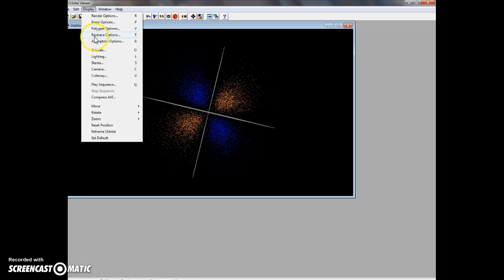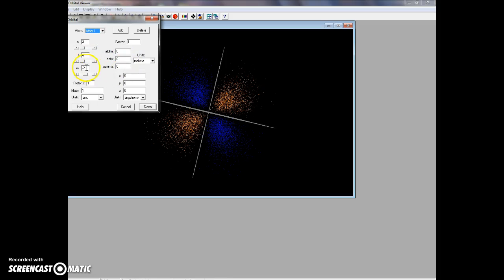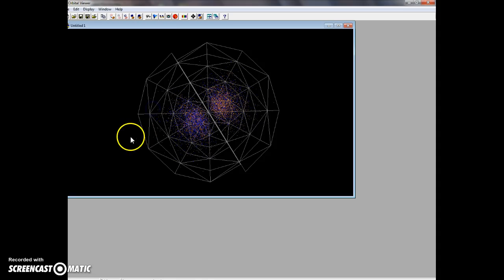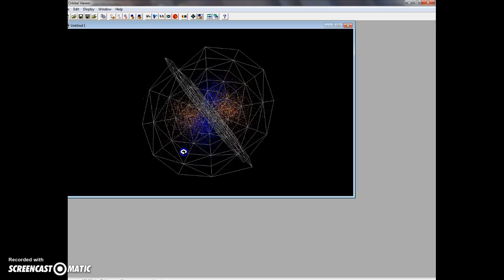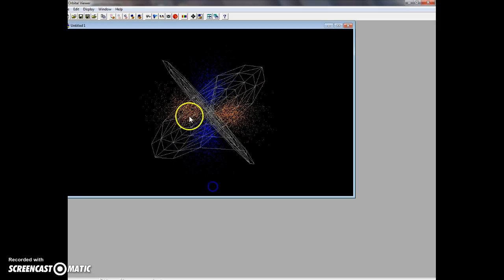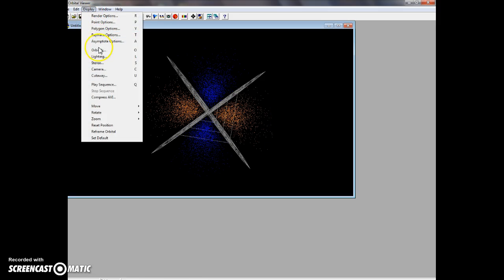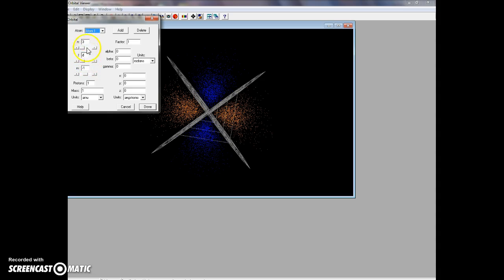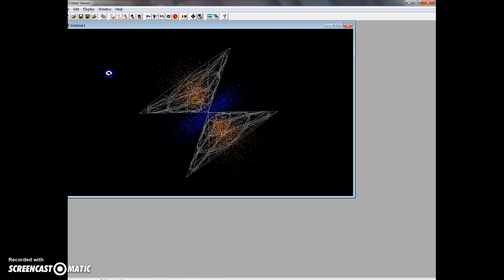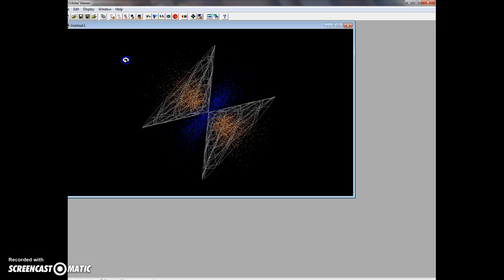If we then change the orbital to -1, we see a similar thing with asymptotes in another set of planes. And we can also go to 0, m is equal to 0. And this is the one that most people think of as d orbital.